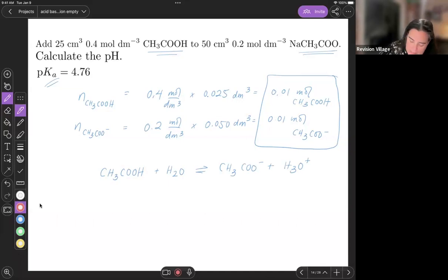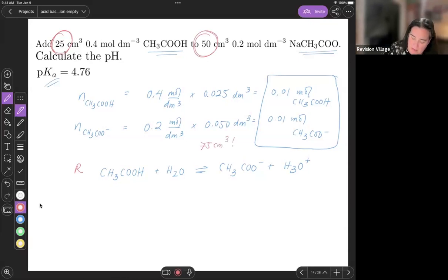Now, when I make a RICE table, I always have to do it in concentration units because the equilibrium constant expression is in concentration units, right? It's the concentration of the products over the concentration of the reactants. I just figured out the moles with you. If I wanted instead to know what the concentrations are, I would see that I have to add the 25 cubic centimeters and the 50 cubic centimeters to find that the total volume is 75 cubic centimeters.